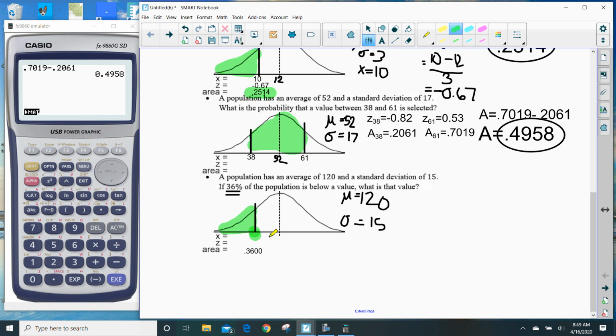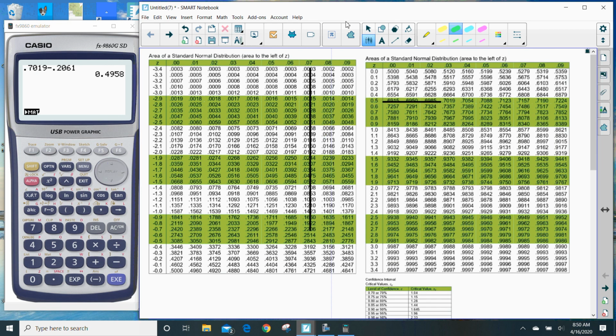To the Z table. What we're looking for is a Z-score that produces an area to the left of 36%. Okay, so in this situation, where is there 36% on this picture somewhere? So we're looking for 0.36, so we're getting bigger.